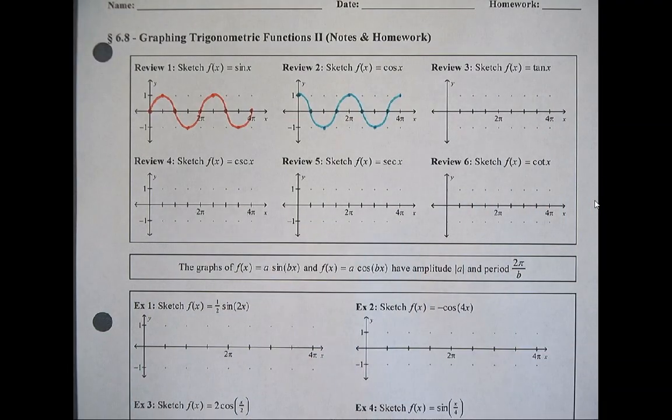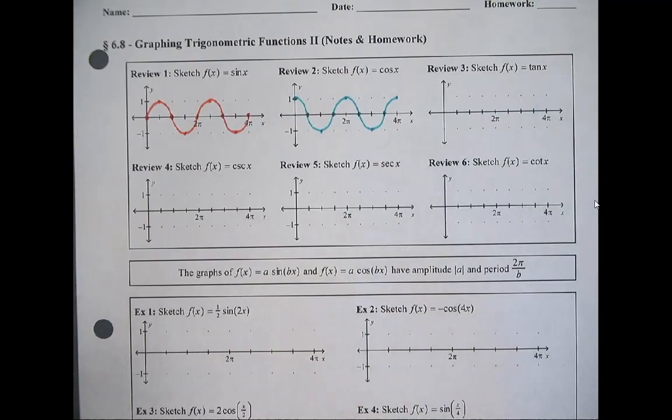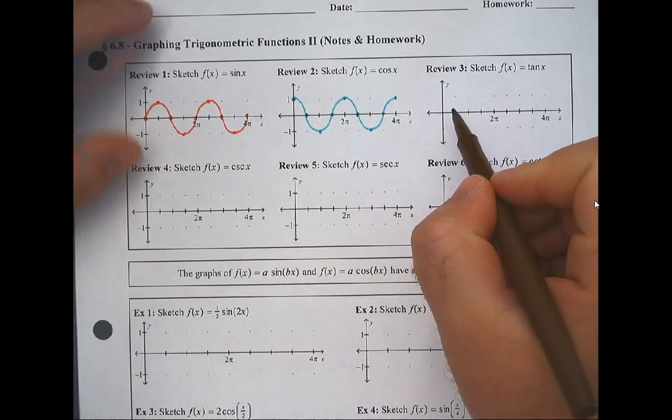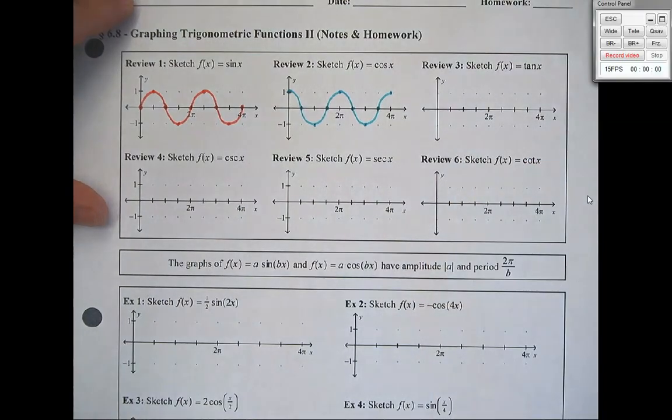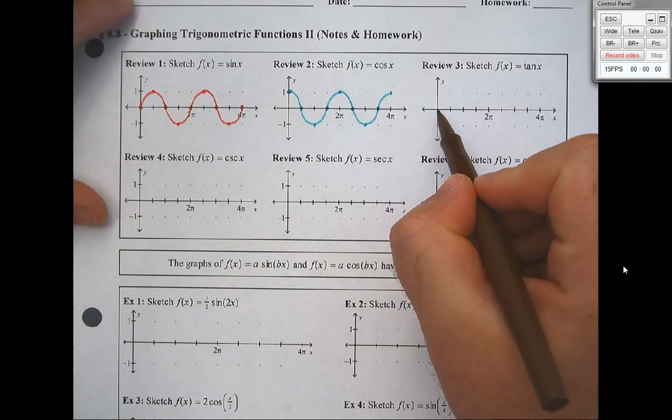All right, now let's talk tangent. Tangent is y over x. So I'm going to take the y values and divide them by the x values. When radians are 0, y divided by x would be 0.